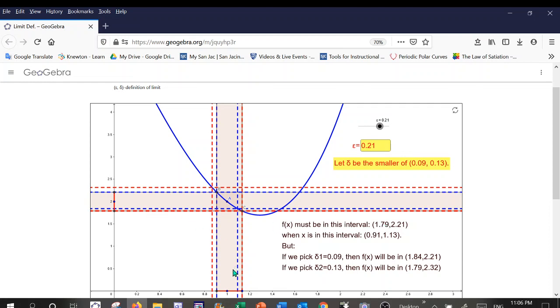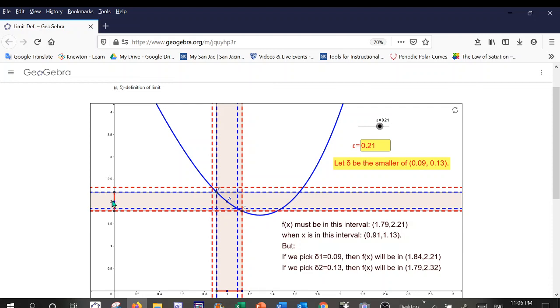Now here you see the blue band, right? Right here, the blue band is based on the smaller delta, which is 0.09. You see, I went to the left and to the right of 1 here, 0.09, and here's the y value right here, and then I went to the left of it, 0.09, and here is the y value right there.